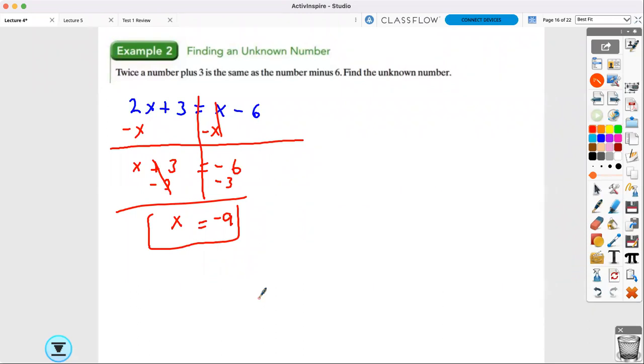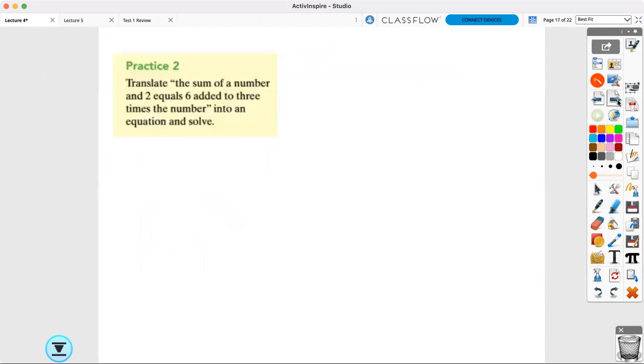Any questions from converting from words to symbols and to solving? Any questions at all? All right, let's move on. Here is another practice problem, guys.